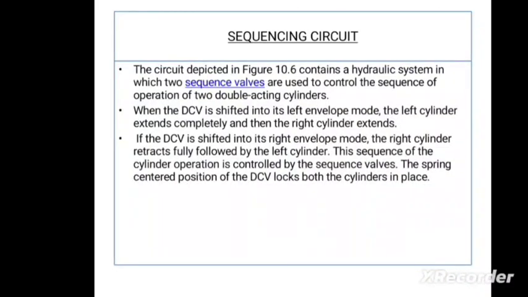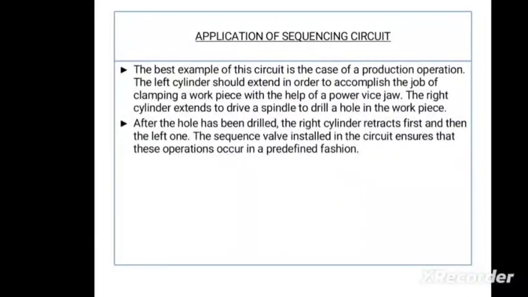This is the working principle of a sequencing circuit, and now its applications. The best example is a production operation. The left cylinder extends to clamp a workpiece with the help of a power vise jaw.